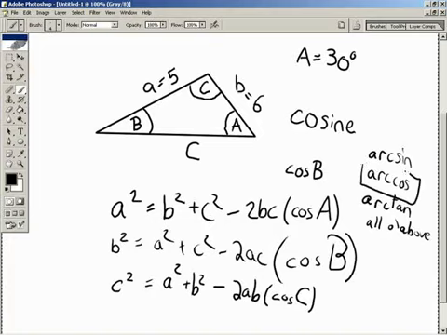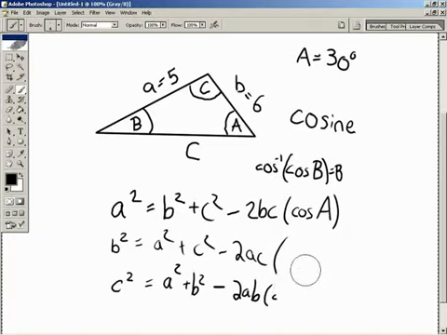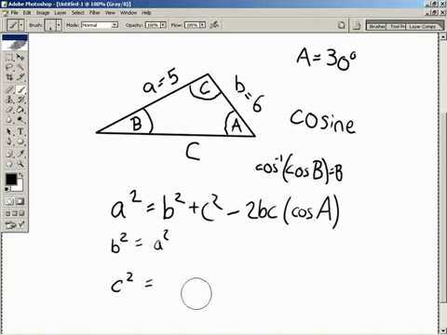So, arccos of cos of B equals B, obviously, in a triangle. So, erase all this. And there we go. So that's one thing that's important to remember. I'm also going to erase everything down here because it's really the same thing written three times.